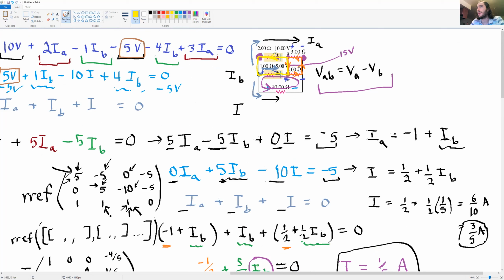If I drew the loop like this and went around this way, it would have many more terms. So just from a practical standpoint, I would draw a smaller loop that has fewer terms. There's really no other way to get VAB. That's kind of just what you have to do. You have to draw a KVL loop, and when you go from the point A to B, you just label that as VAB.